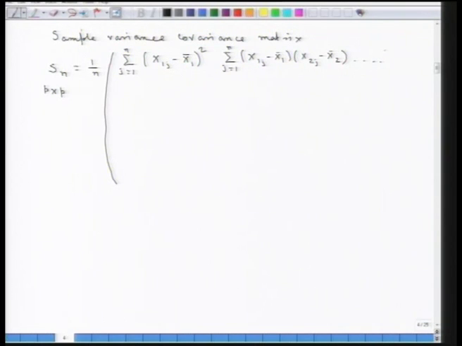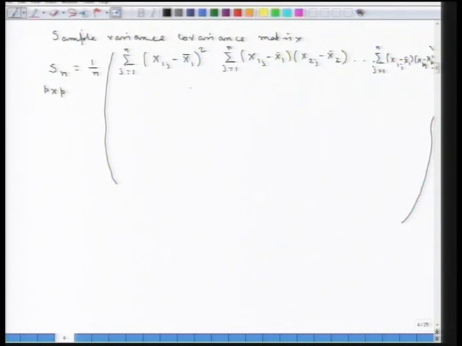And the last entry here, we don't have enough space to write it, so this would be given by x1j minus x1 bar, multiplied by xpj minus xp bar, right. So this is the matrix here.